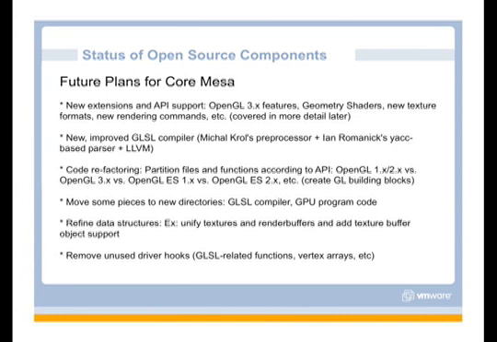Also in the spirit of cleaning up and repartitioning things, I have some thoughts on rearranging the structure of the MESA source tree, specifically in the areas of the GLSL compiler and the GPU program code. There are a lot of possible cleanups we can do there. I also want to refine some data structures in MESA. We had textures for a long, long time, then came render buffers, and we just did that as a separate set of data structures in MESA.